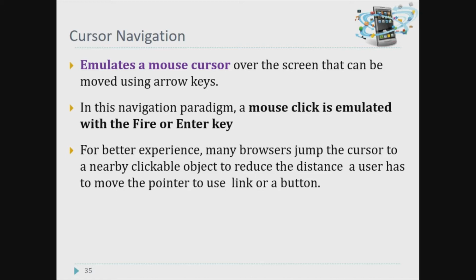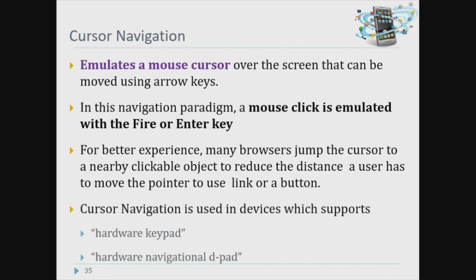This way gives a better experience for the users when they use the cursor. So this cursor navigation is used in devices that support the hardware keypad and hardware navigation D-pad.